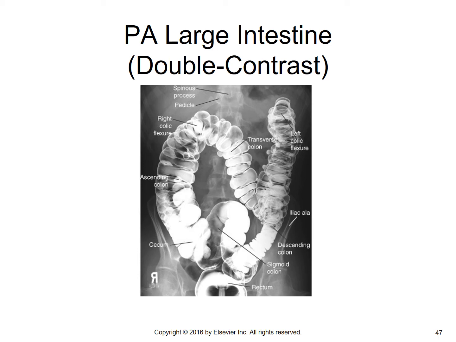Okay, so if you see that appearance, where you see these iliac ala like these lines, that's going to be your PA. Notice the redundancy or superimposition in this patient, especially of the left colic flexure, not so much the right, everybody's different, okay? But you got to eventually open up that left colic flexure and the right as well.